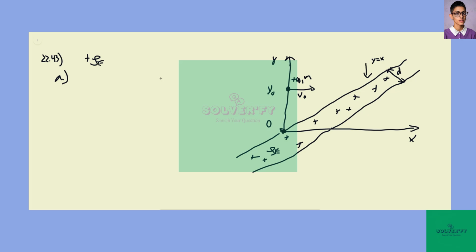So first we can choose a cylindrical Gaussian surface with the flat ends parallel to and equidistant from the slab. By symmetry, the field must point perpendicularly away from the slab, resulting in no flux through the curved part of the Gaussian cylinder.